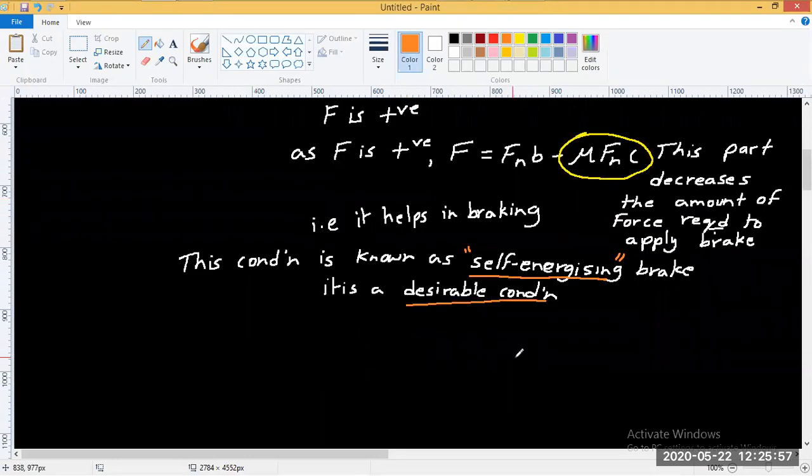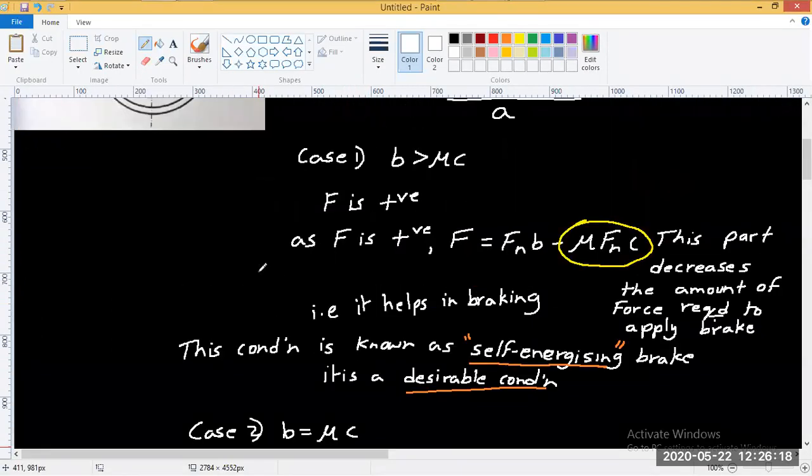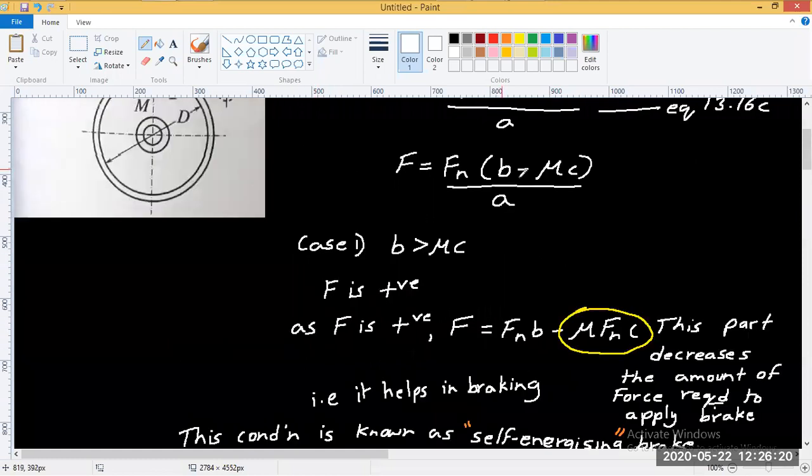Okay, so let's move on to case 2. Case 2 is when the value of B equals mu times C. So see what happens if B is equal to this. That means this is 0, right?